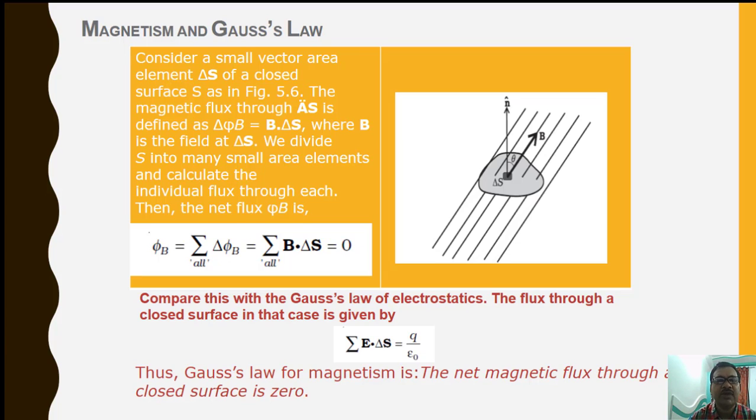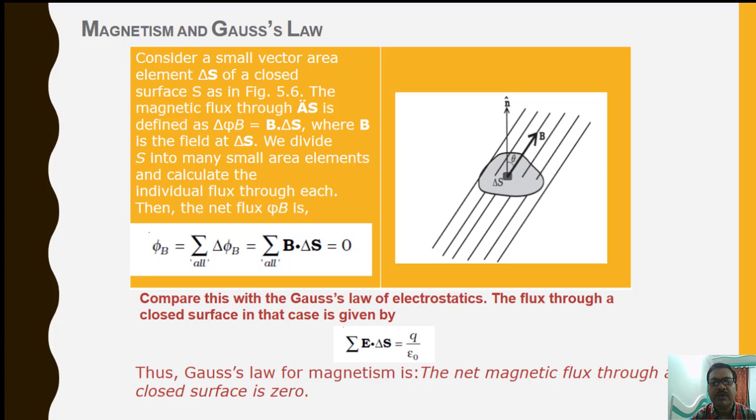Next, magnetism and Gauss law. Consider a small vector area element delta S as shown in the figure, closed surfaces in figure 5.6. The magnetic flux through delta S is defined as delta phi equal to B dot delta S, where B is the field at delta S. We divide S into many small area elements and calculate the individual flux through each.